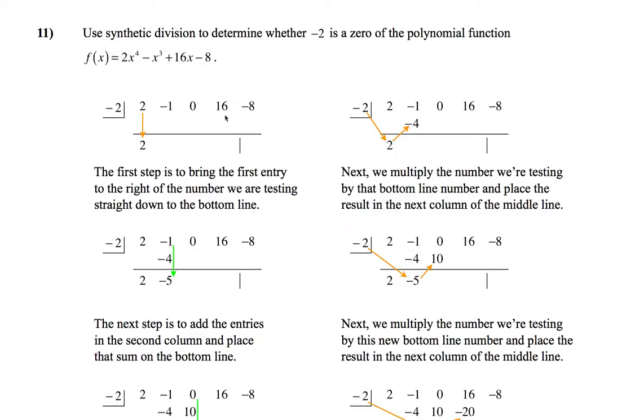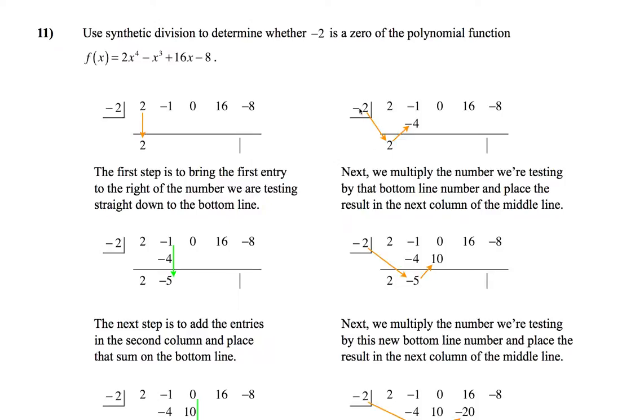So we place those on a line, leave a space to write another set of numbers, and then draw a straight line here. And our first step is to bring the first entry to the right of the one we're testing all the way down to the bottom line, below the summation line here.